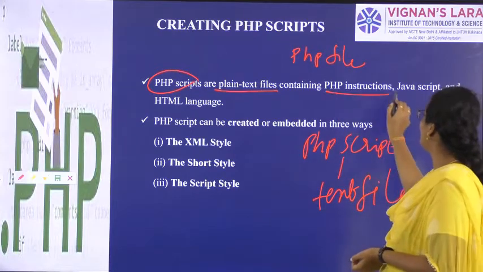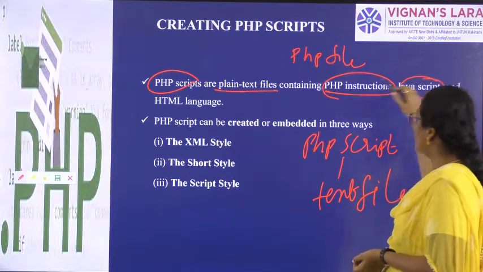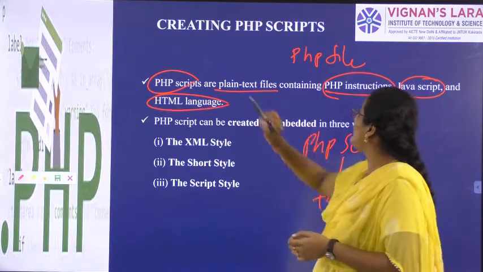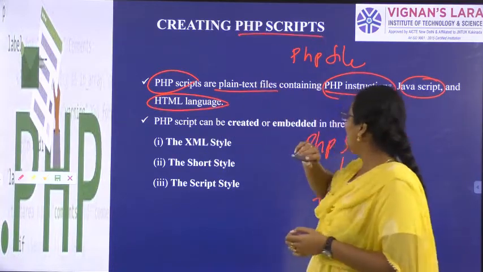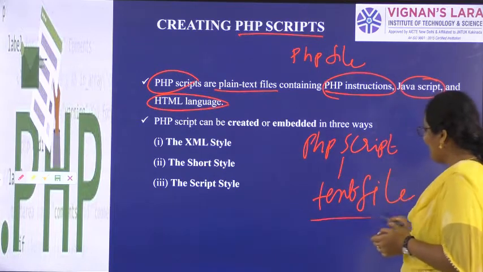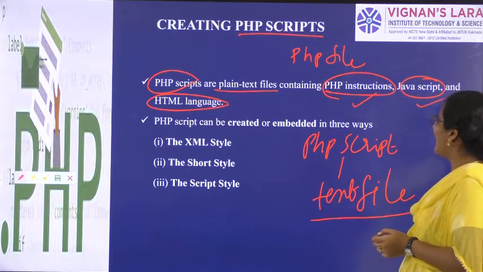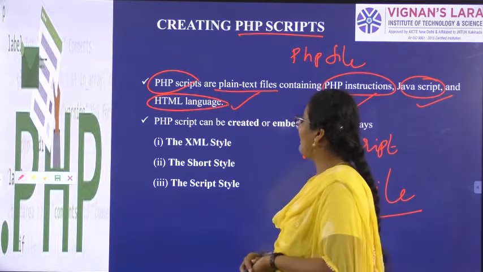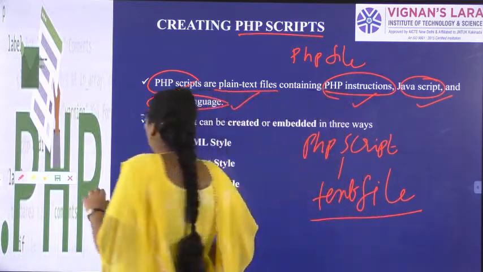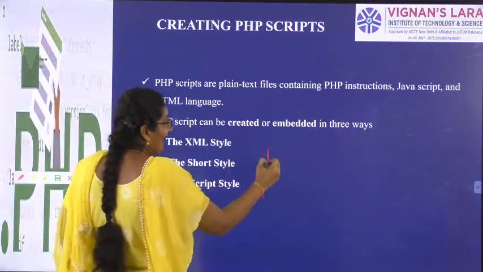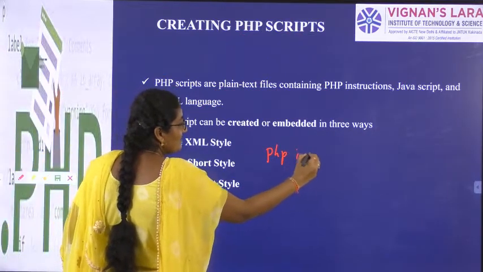It contains PHP instructions, JavaScript, and HTML language also. So I am going to create PHP scripts now. PHP script is nothing but a text file. In that text file, I can have PHP instructions, JavaScript, I can have HTML language also. Now, how can we create these PHP scripts? I must have PHP instructions.